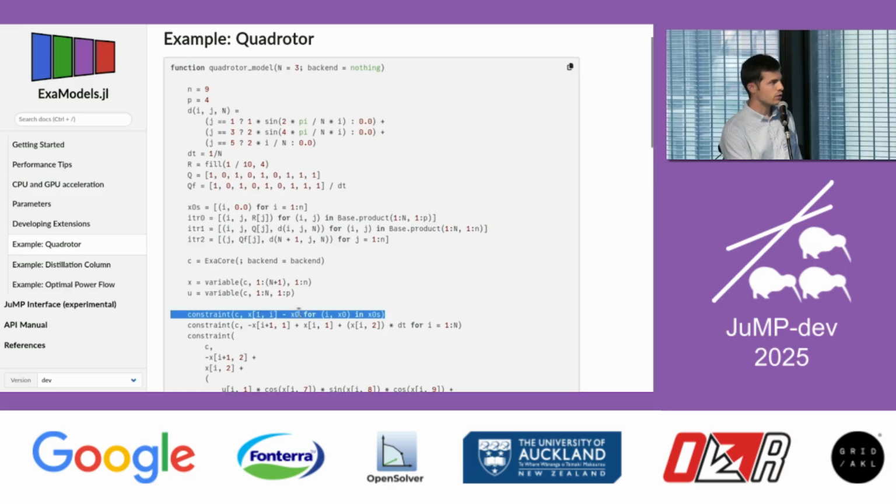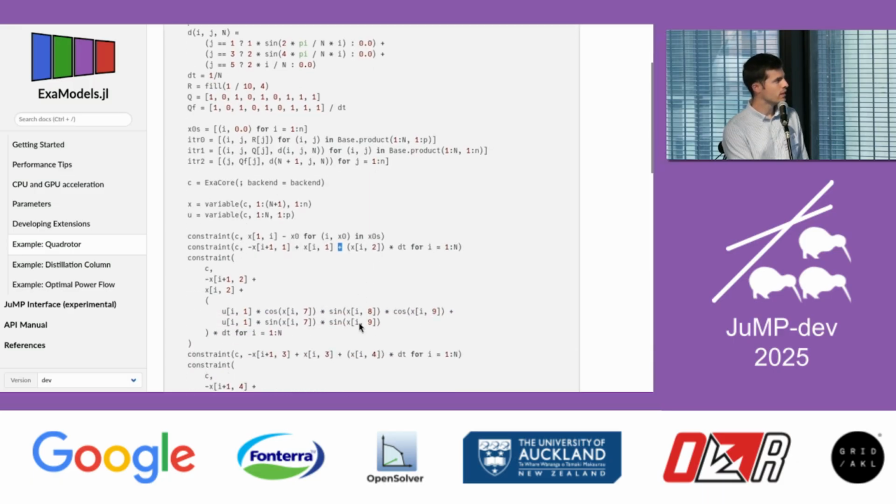For each constraint, you have a different value of I and x0. So here it knows that these 9 constraints are very similar, because the only things that change are this and this. In here, it's a simple iterator because it's just a vector, not even a vector of tuples. Here as well.